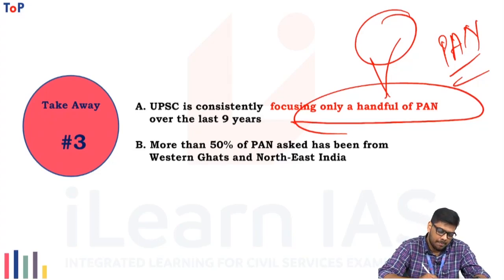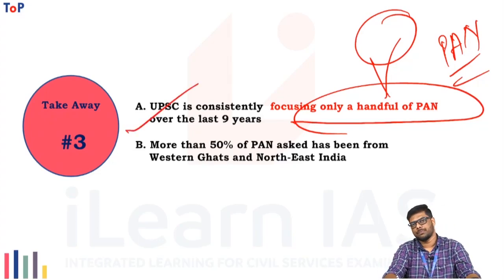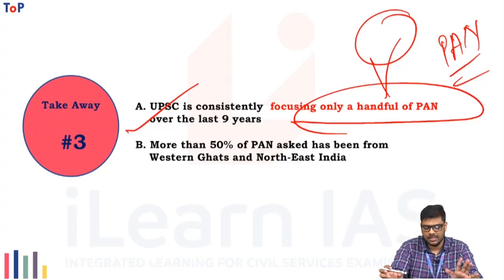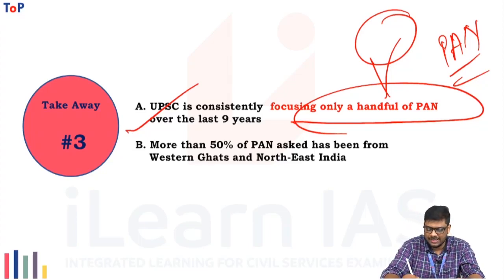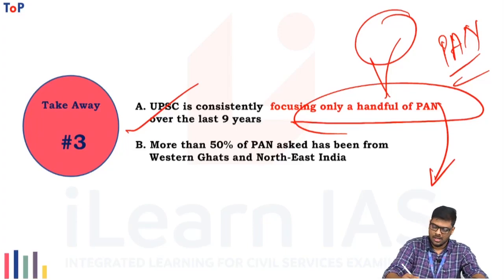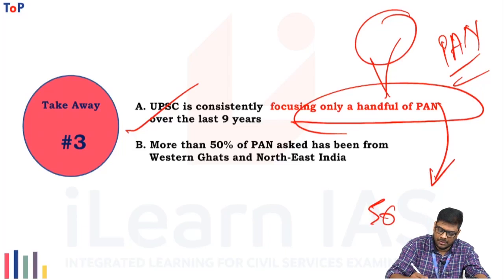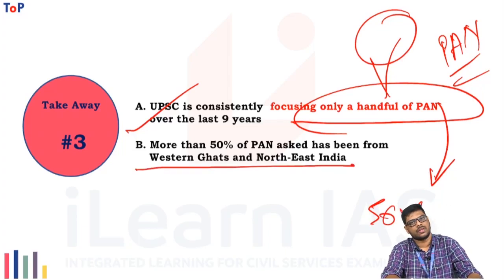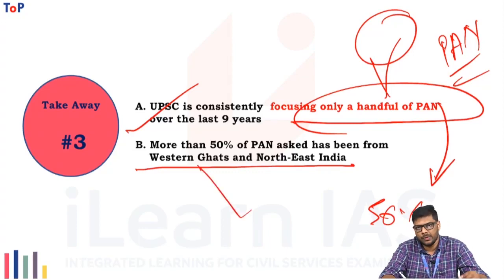So this is part A of takeaway number 3, and part B of takeaway number 3 is what? Among these selected PAN asked over the last 9 years, more than 50% were from two selected areas, Western Ghats and Northeastern India. And why is that so?